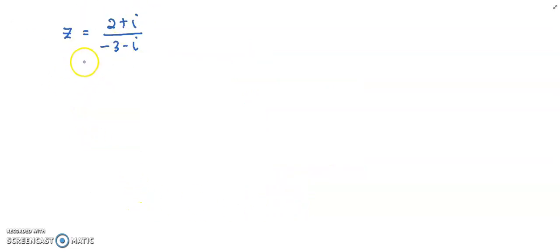Alright, if we are given this complex number, obviously it hasn't been simplified yet, because a simplified complex number will always be in this form, z equals a plus bi. So you can see that we need to simplify it first by multiplying by its conjugate, that is the conjugate of the denominator.